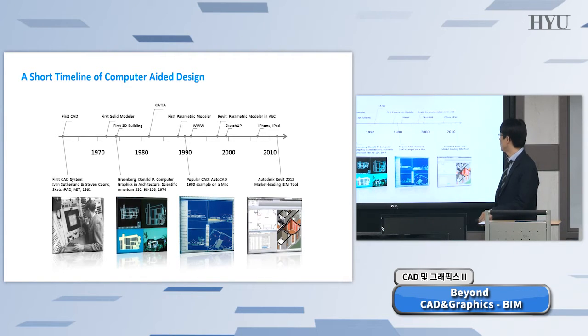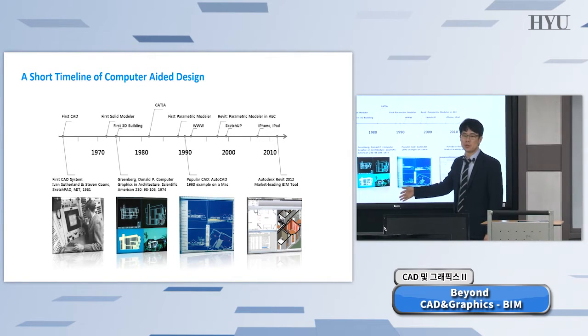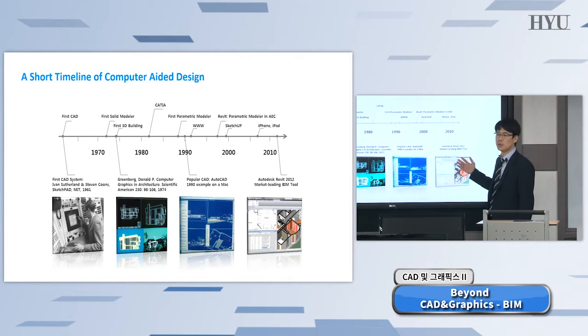But anyway, how about BIM? Theoretically, we have 30, 40 years history of building information modeling. It's theory and concept, but the application available around only 10 years ago, okay, 15 years ago.